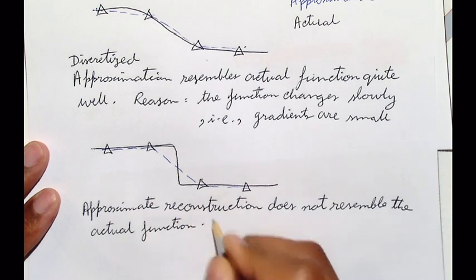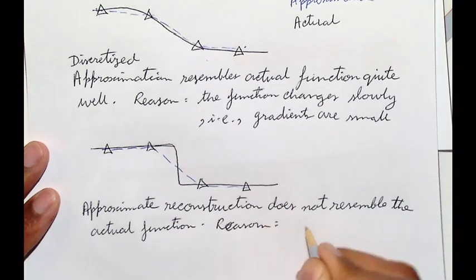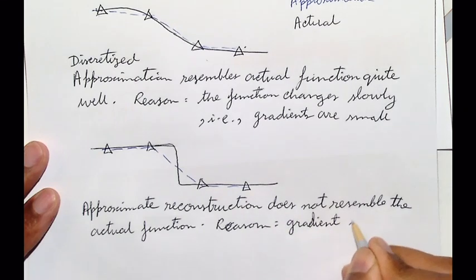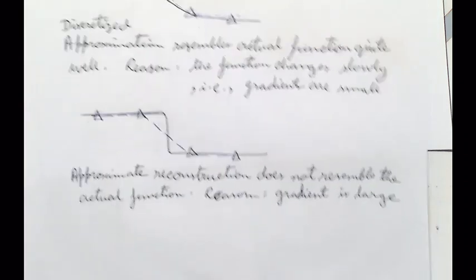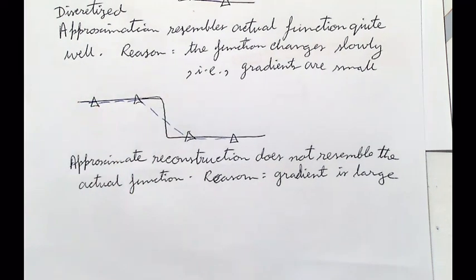And here, the reason is the gradients are large. The gradient is large. Okay, so what should we do to make sure that we approximate the actual function well?